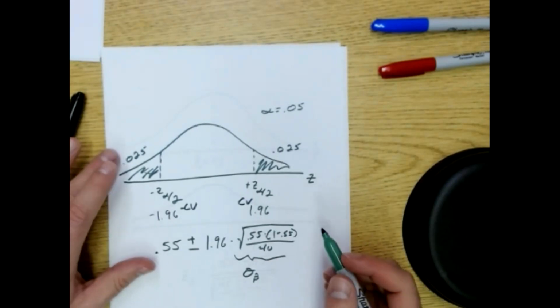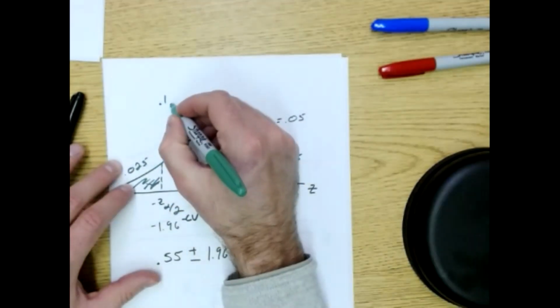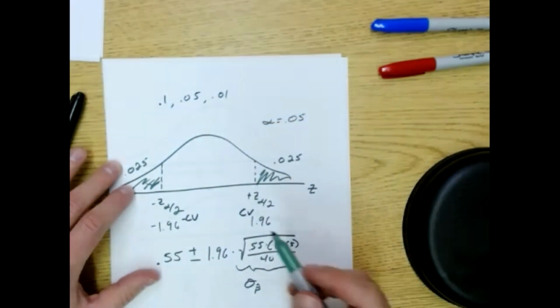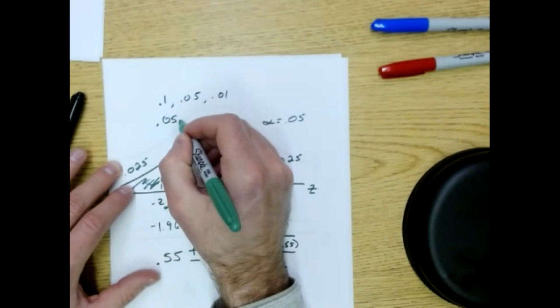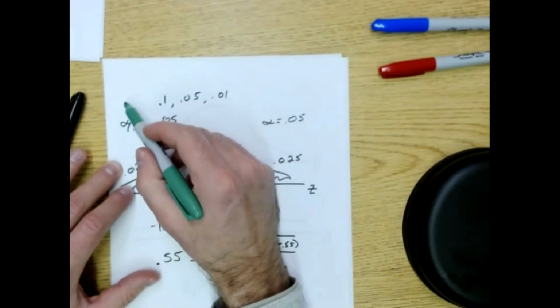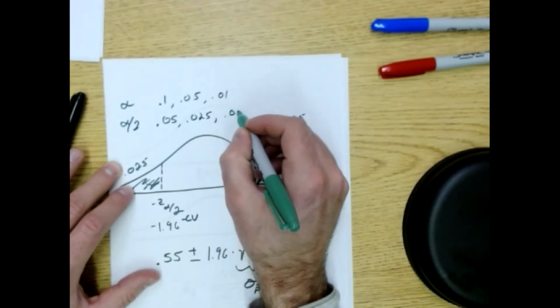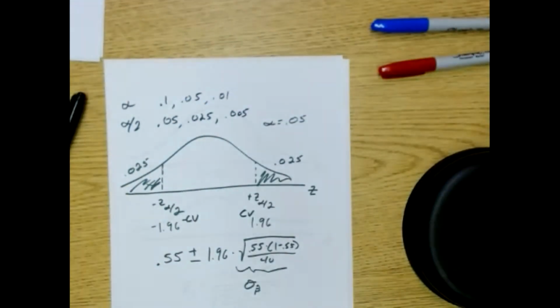So we're really looking up an alpha of 0.1, 0.05, and 0.01. For a two-tailed test, we divide those all by 2, so alpha over 2 is 0.05, 0.025, and 0.005.